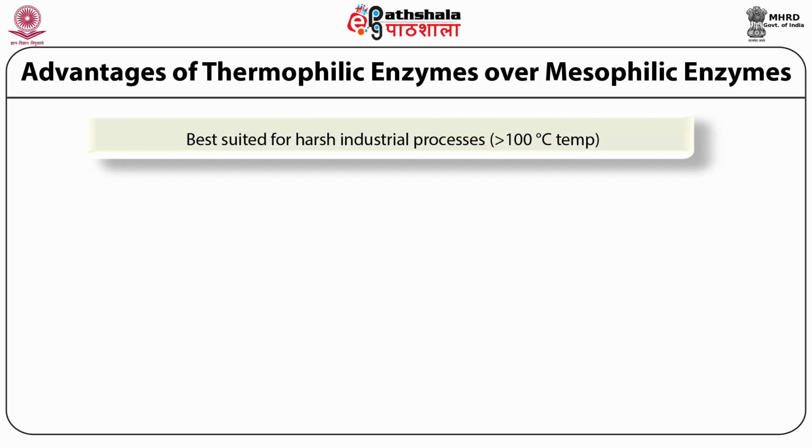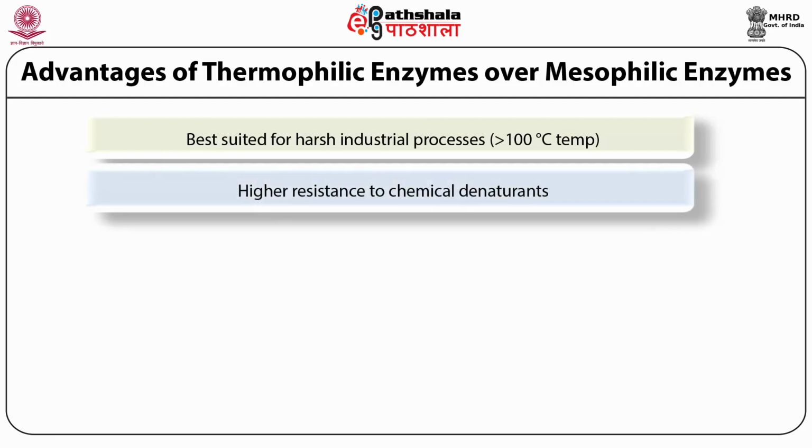And these thermophilic enzymes can withstand such a higher temperature, and they can show their activity at these temperatures. So, this is the fundamental advantage which is provided by these enzymes.